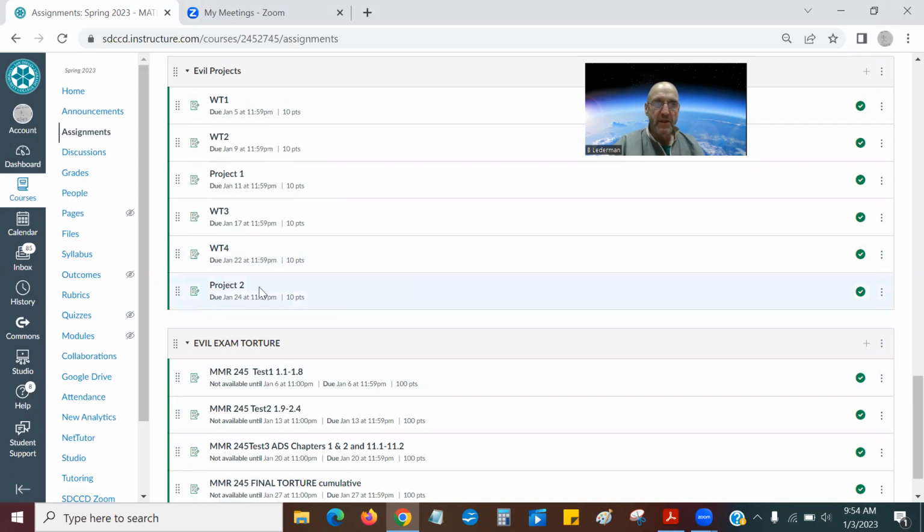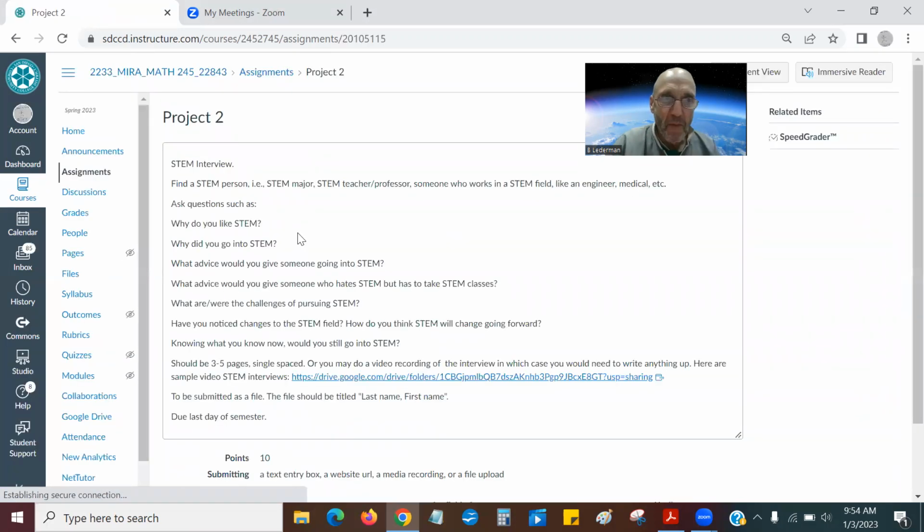Let's get into that right now, because I wanted to mention project 2 right away. It involves another person, and you have to conduct an interview, so you're going to have to find somebody to interview. You have to find a STEM person. That could be a student who's a STEM major, a STEM teacher or a professor.